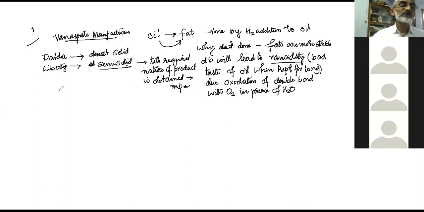Now there are two methods for finding out iodine value. Number one, Hubl's method. In this method, we use Hubl's reagent.